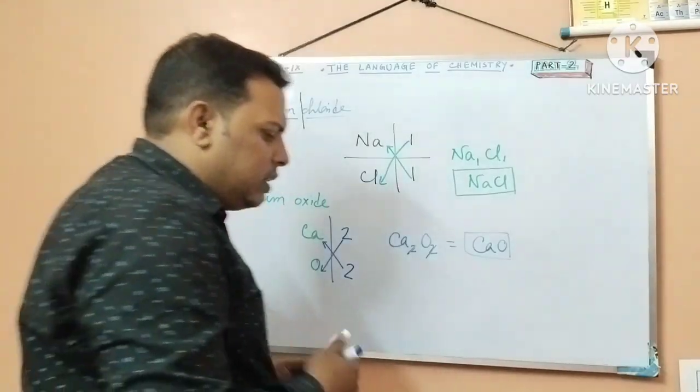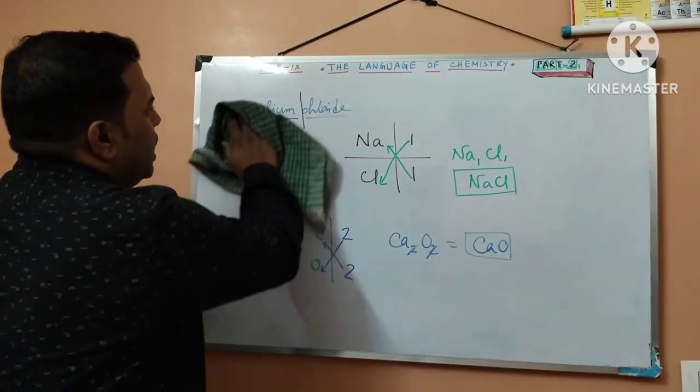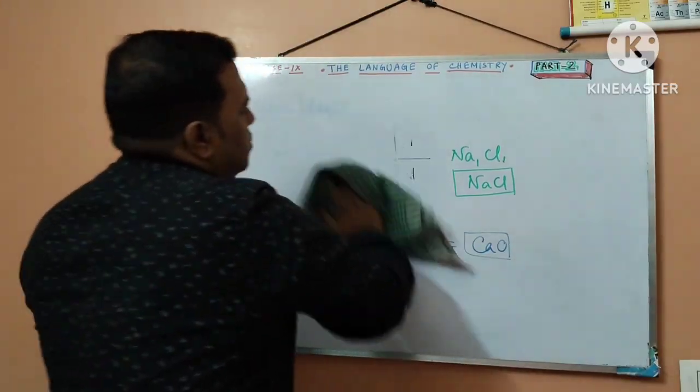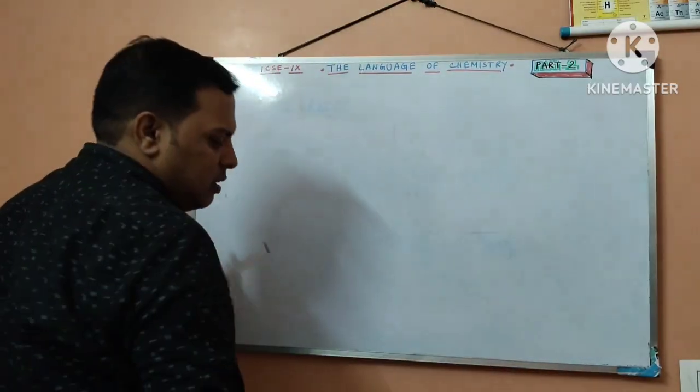In this way, we can write the formula of many others. For example, I will write a few more names, and one by one we will continue to write their formulas.